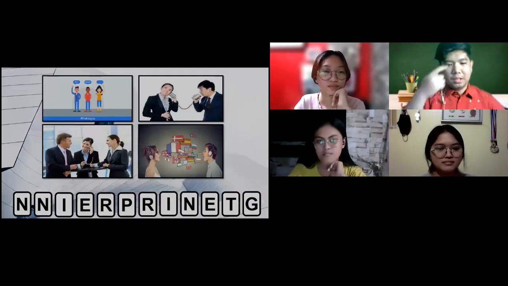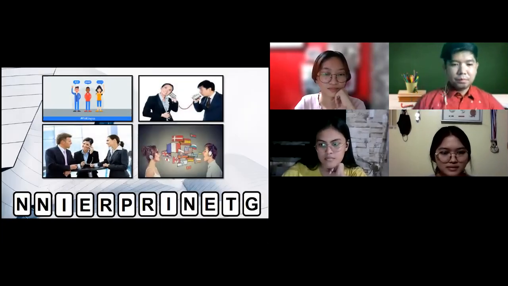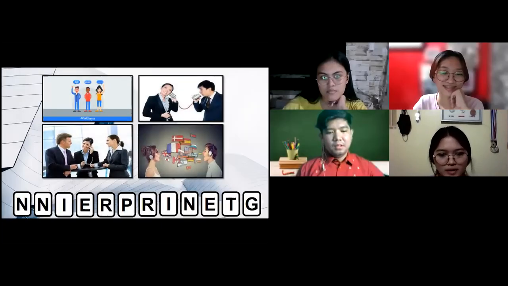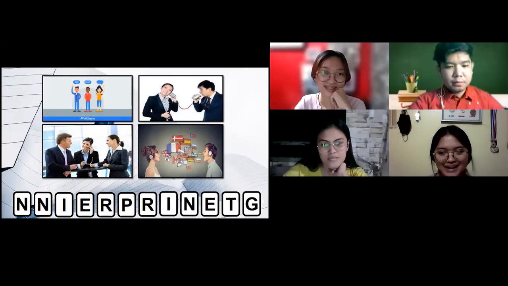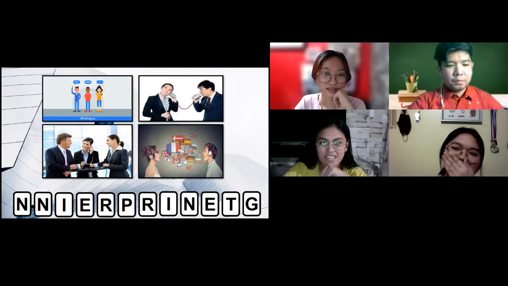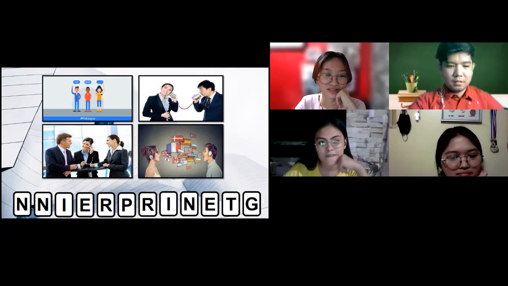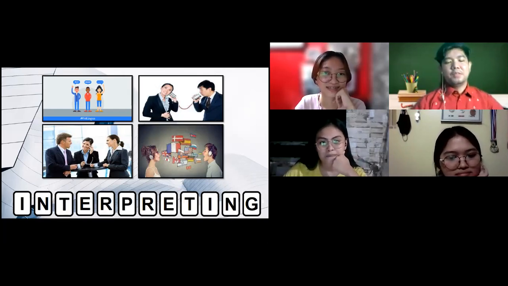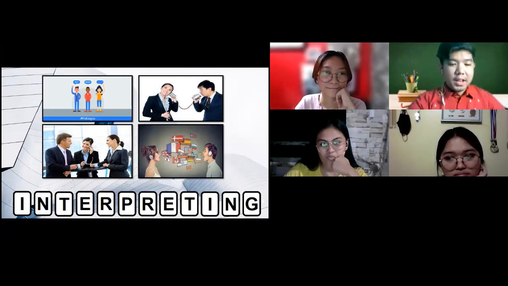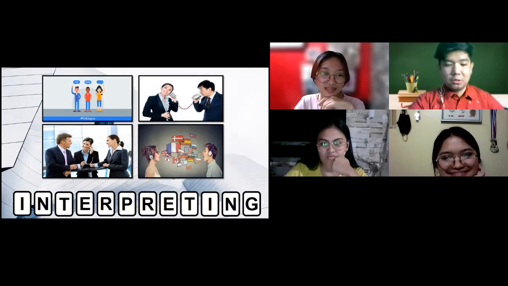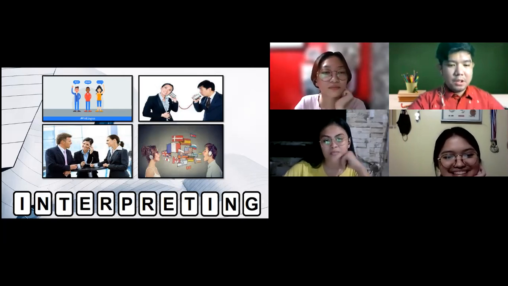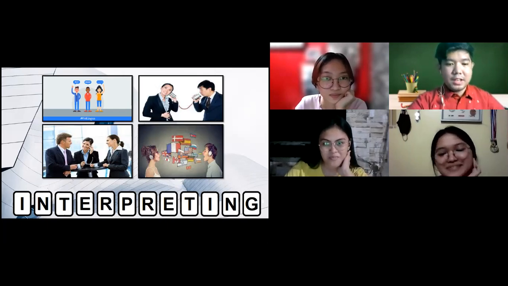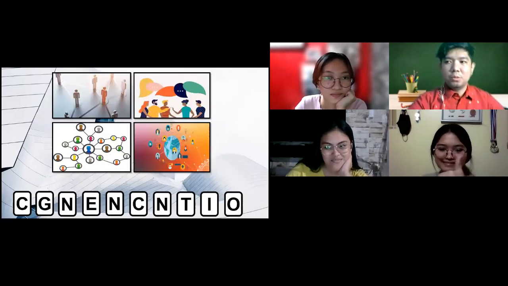Next, what about this one? Yes, Jean Mariel. Interpreting. Let's see if your answer is correct. Very good. So Erica and Jean Mariel are one apiece. J. Irene, you can make up for the next one. What about this one?